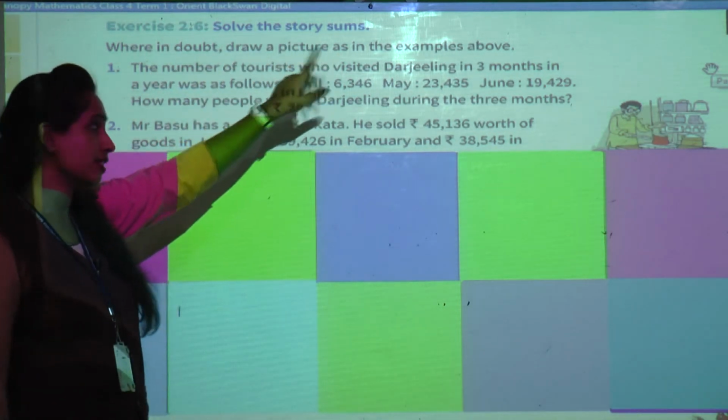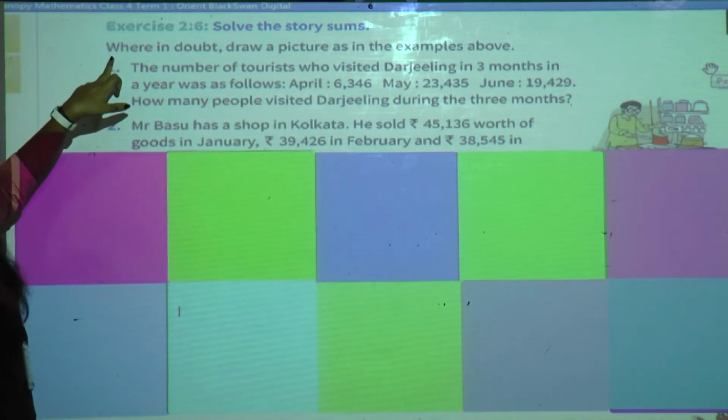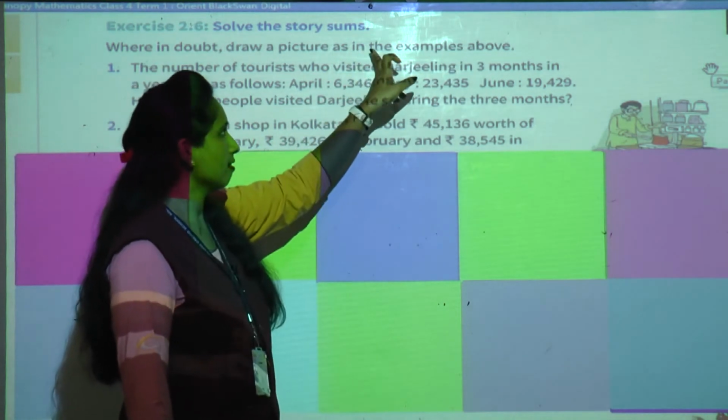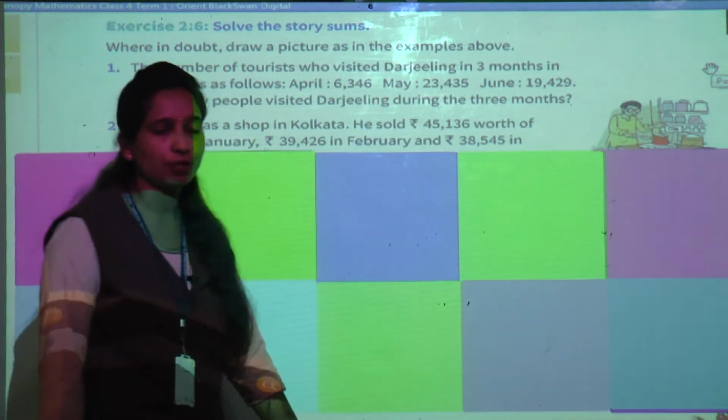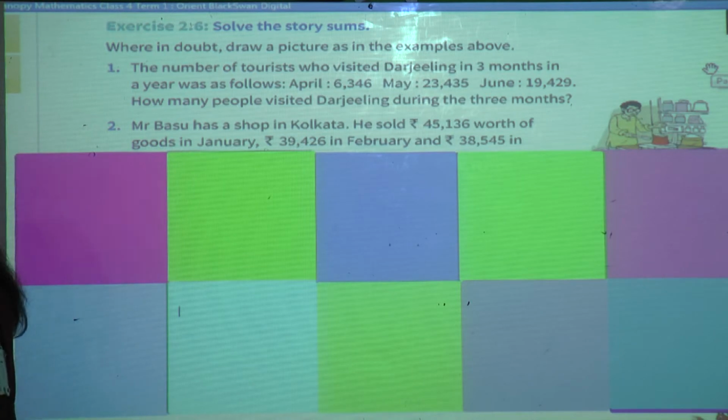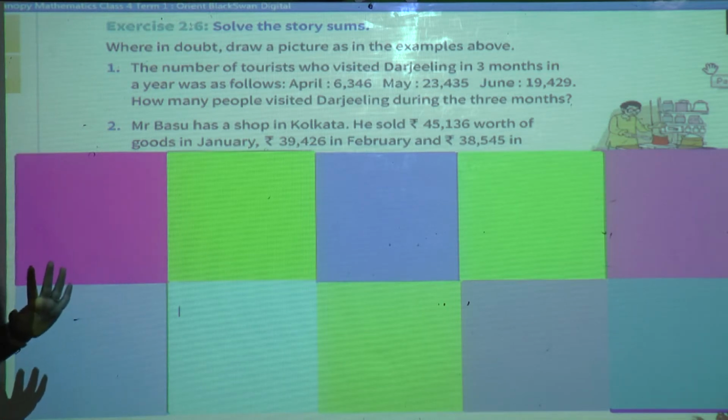Solve the story sums. See what they had given: where in doubt, draw a picture as in the example above. Now we have solved 3 examples, how they had given the drawing pictures. In that way, I suggest you draw pictures for each and every story sum to understand better. Okay, so what is the first question? We will read now.